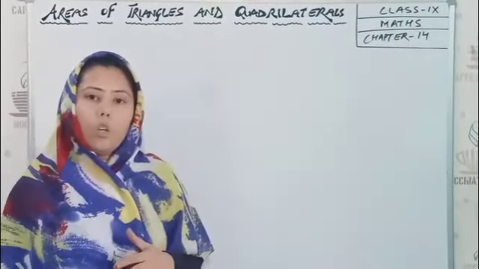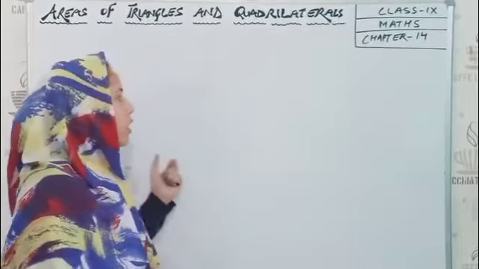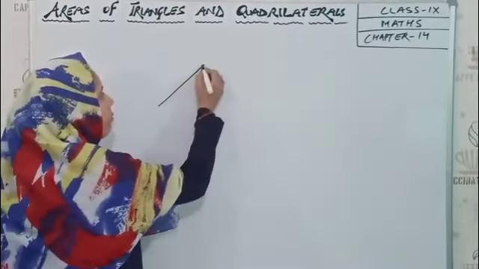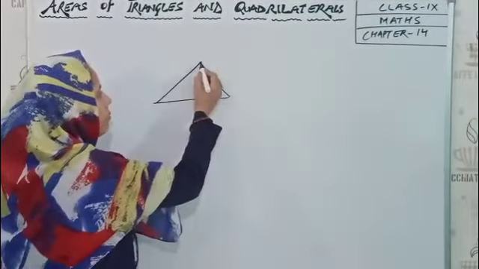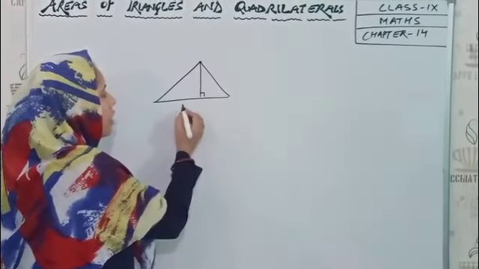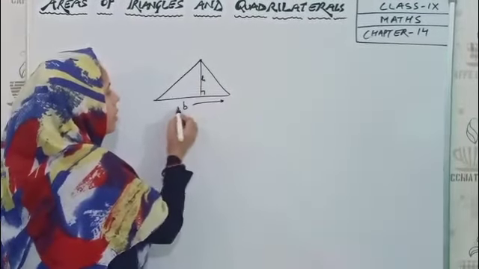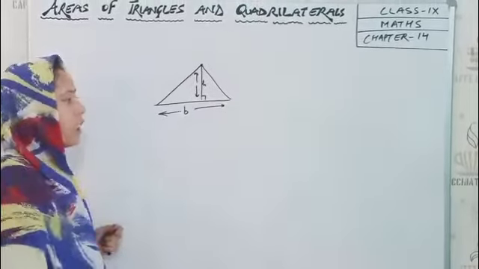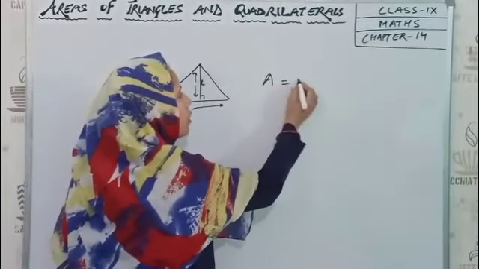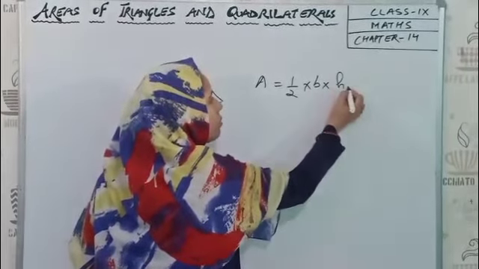Till now you have been finding the area of a triangle in which the height is given. If this is a triangle, this is its base and this is its height, then the area of the triangle is equal to half base into height.